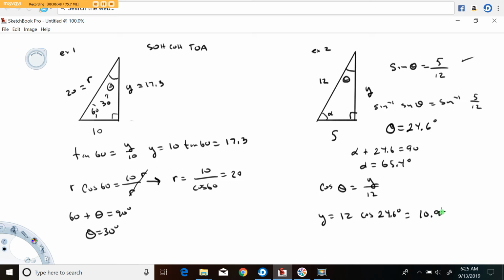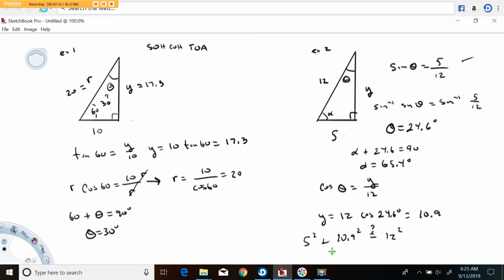Now, as far as checking your work here, I've used sines and cosines to find these sides. Here's how you can check your work by applying the Pythagorean theorem. In this example, 5 squared plus y, which we found to be 10.9, squared, should be equal to the hypotenuse squared. I'm going to leave this as an exercise to the reader to decide whether or not these are equal.